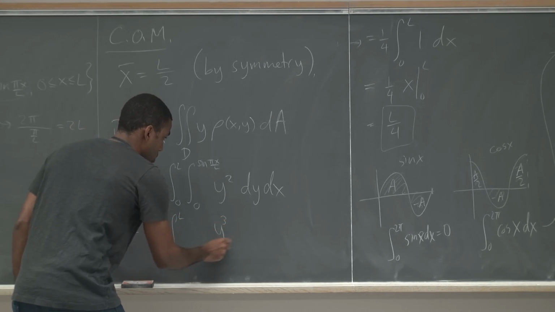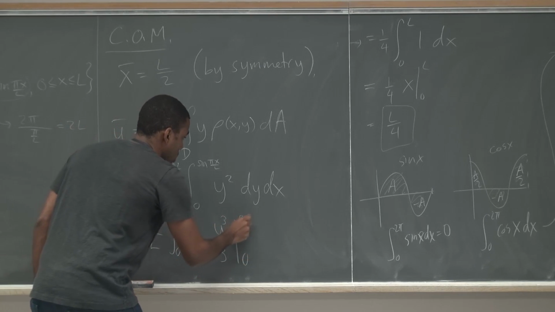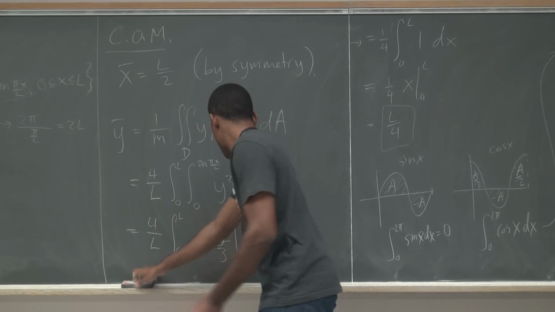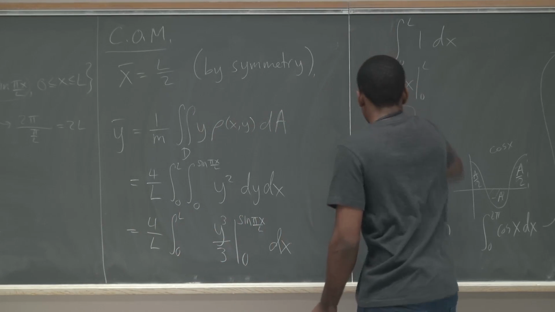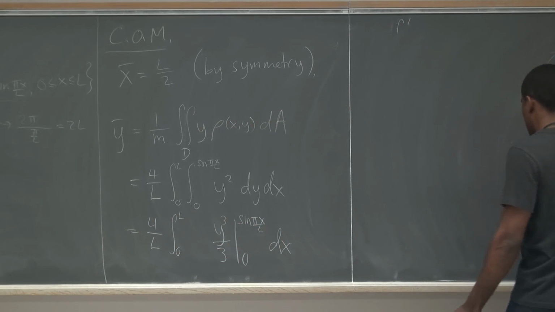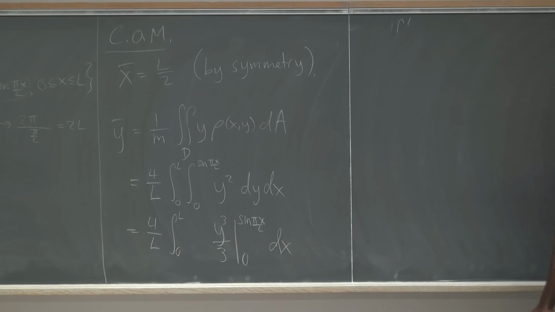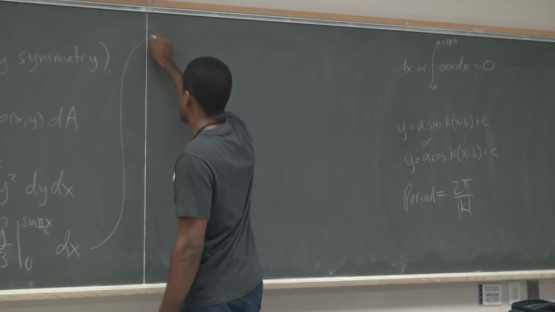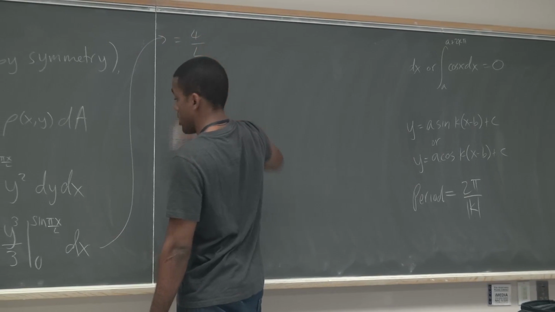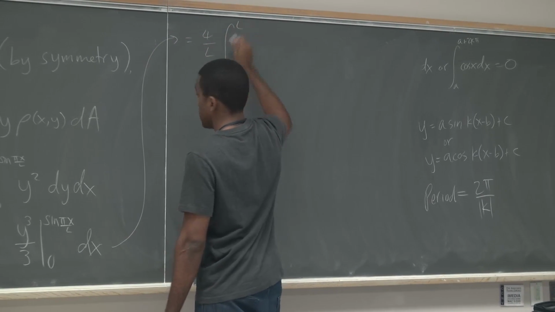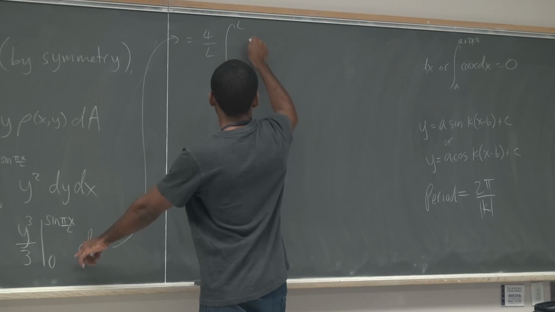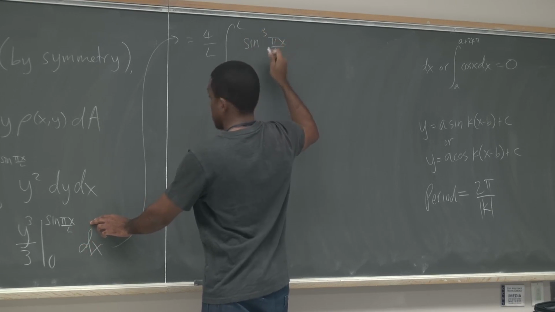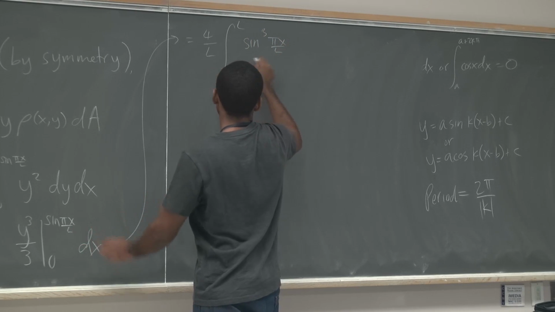We get y cubed over 3 between 0 and sine pi x over L, dx. Equals 4 over L times the integral from 0 to L of sine cubed pi x over L over 3.